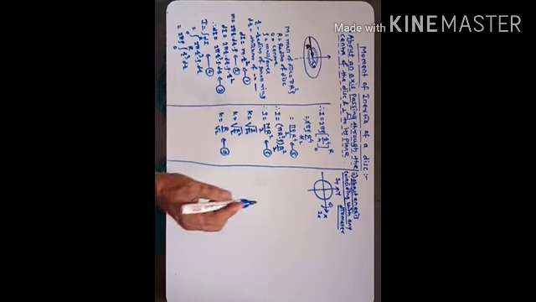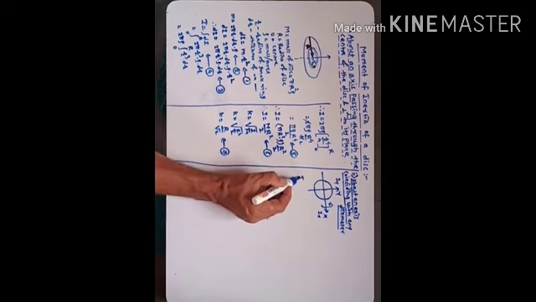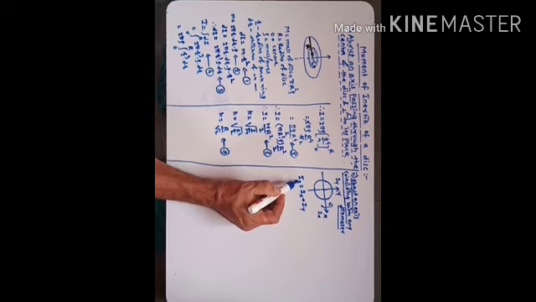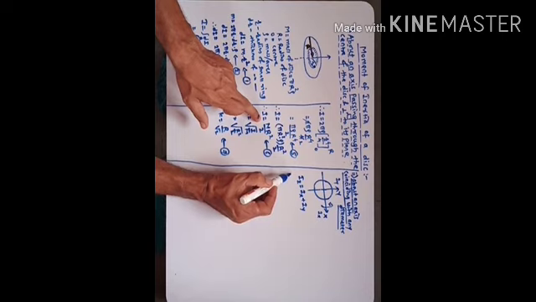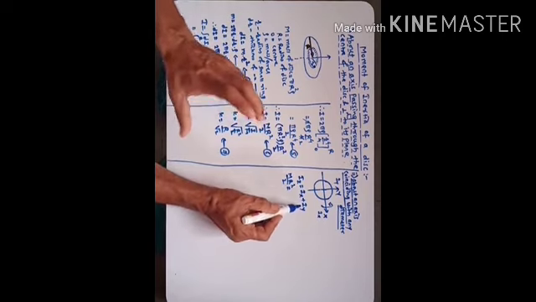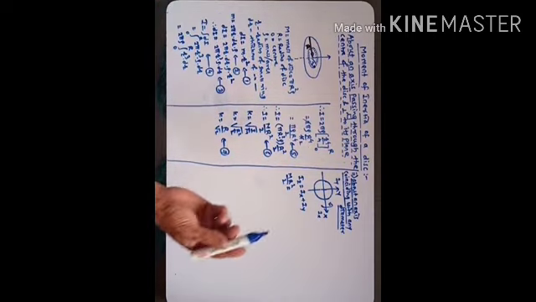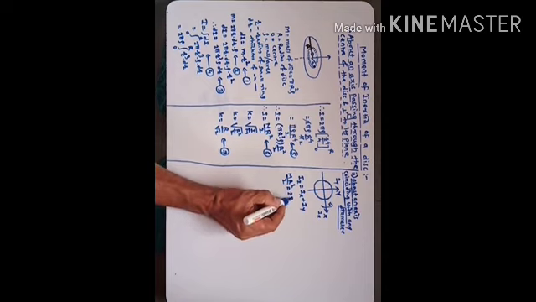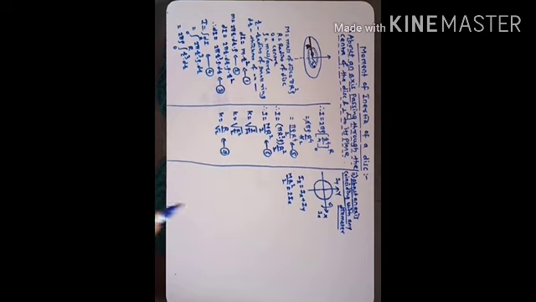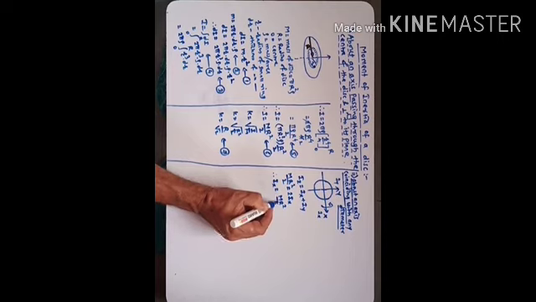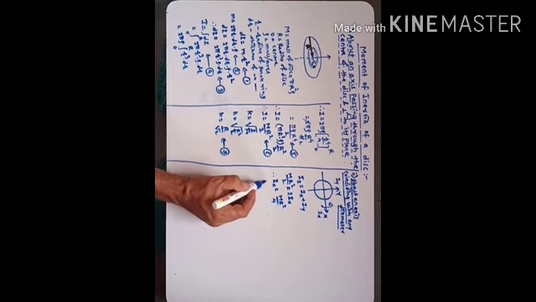Then according to the principle of perpendicular axis, I can write here Iz is equal to Ix plus Iy, and this Iz we have known. That means mr square upon 2 is equal to Ix plus Iy. The disk either rotates about this axis or the y-axis, the moment of inertia is the same. So Ix is equal to Iy, therefore I will write 2Ix, and therefore Ix is equal to mr square upon 4, and the same is Iy.